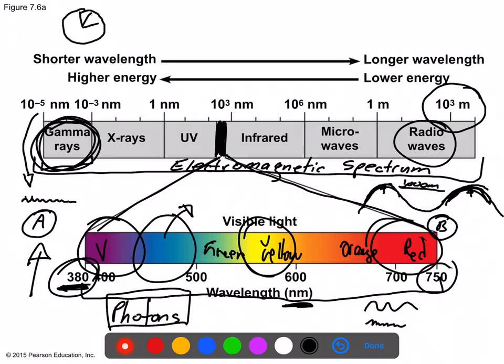Take a white sheet of paper, cut it into a circle, and then cut it into pie wedges, and then color them. Violet, blue, green, yellow, orange, red. And then color those in, right? And here, it's going to look like this.